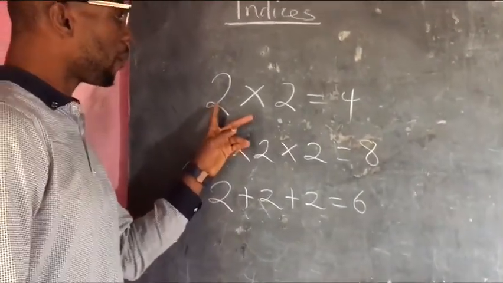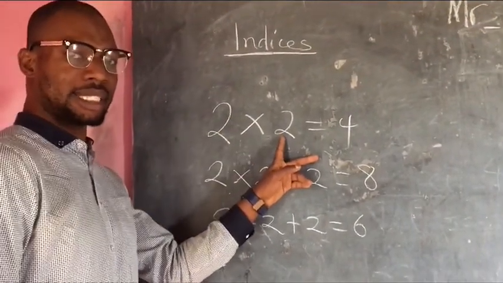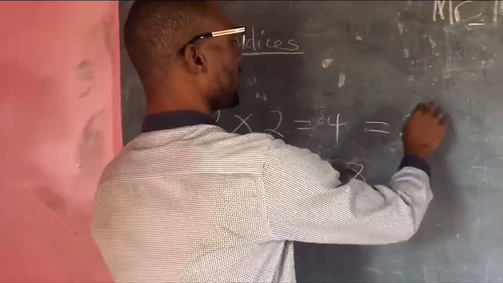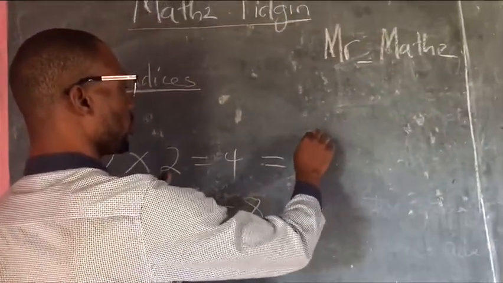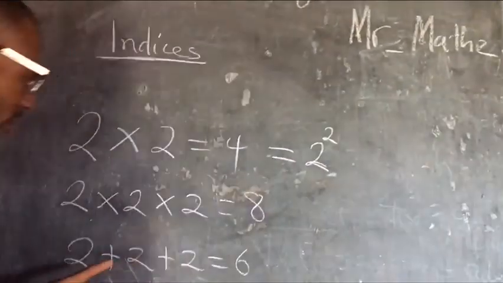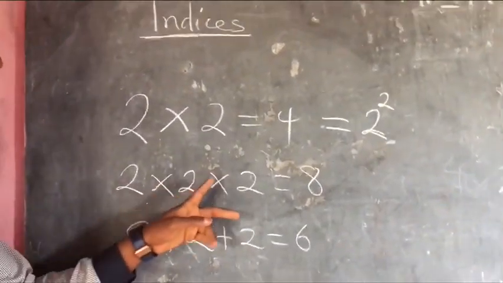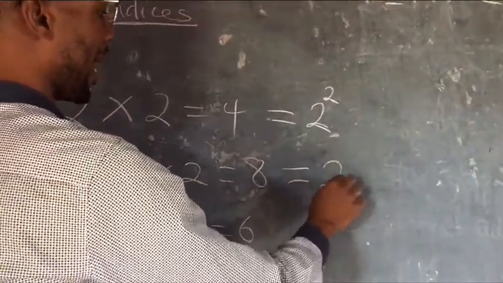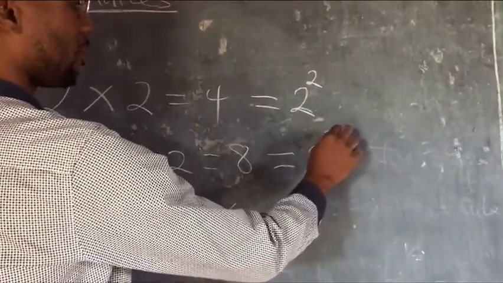When a number multiplies itself like this, we write it like this: 2 raised to the power 2. And when a number multiplies itself multiple times like this, we just write the number and then write a small number on top.